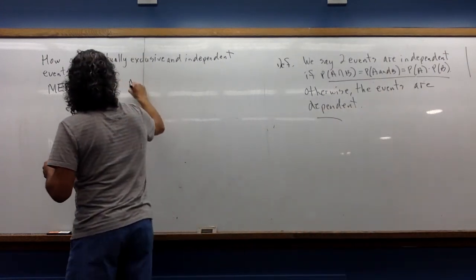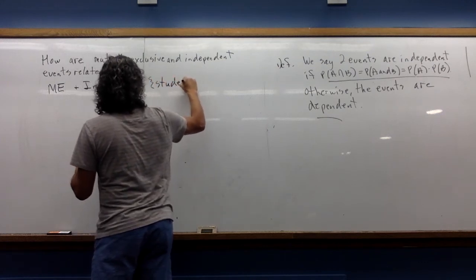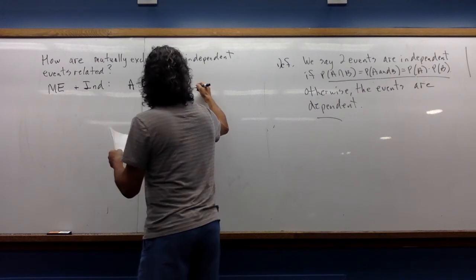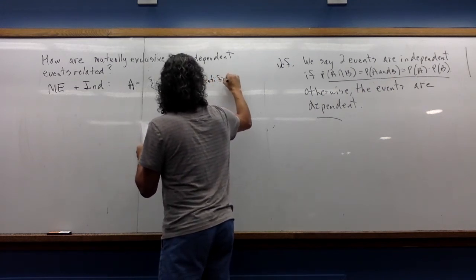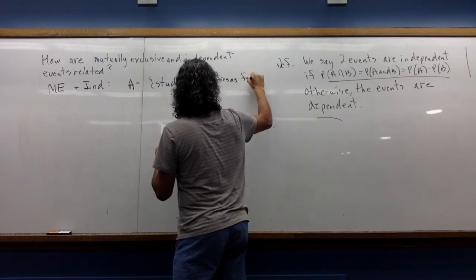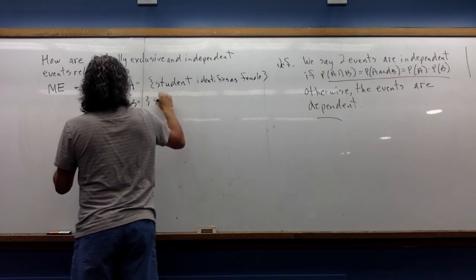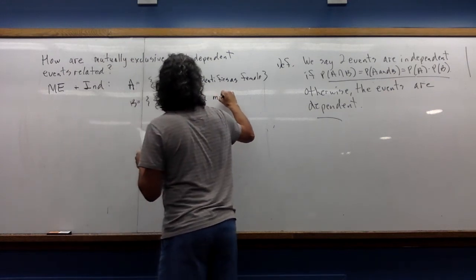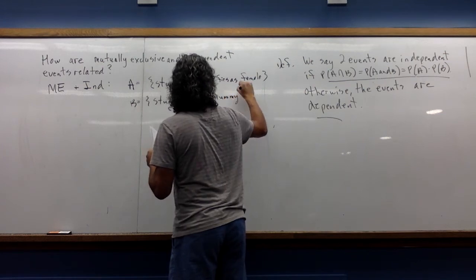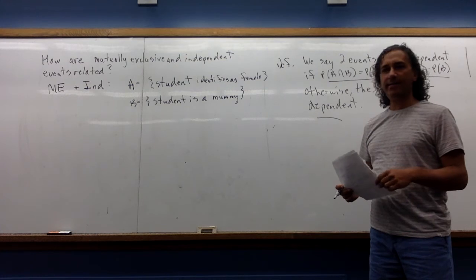So let event A be, let's say I'm looking at Math 341 students, and a student identifies as female, and B, the student is a mummy. I claim that these events are mutually exclusive and independent.